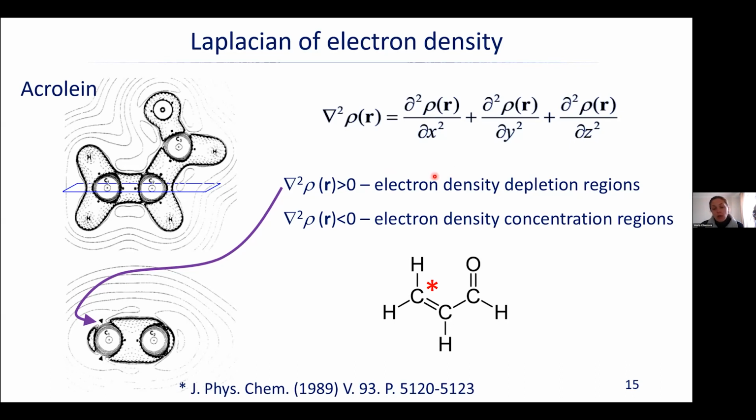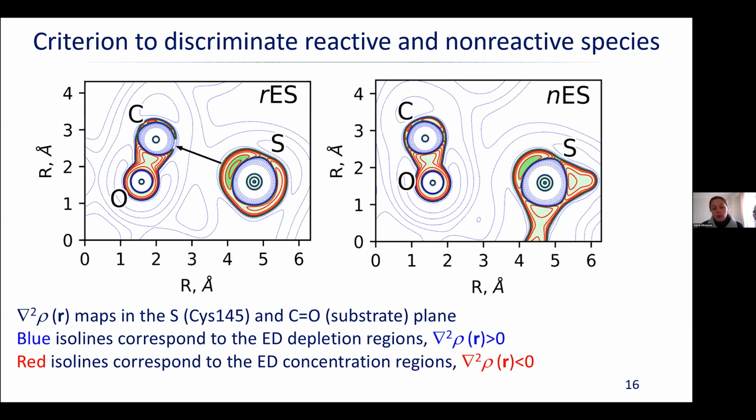In other words, electron density depletions are electrophilic sites, and electron density concentration areas are nucleophilic sites. So we analyzed our systems from this point, and we found Laplacian of electron density maps of two types.